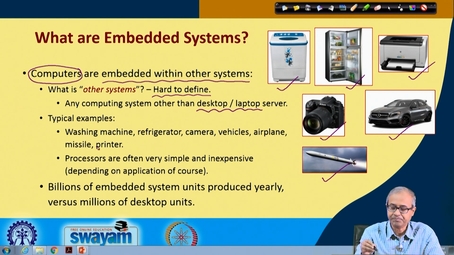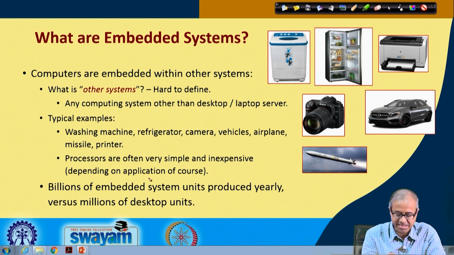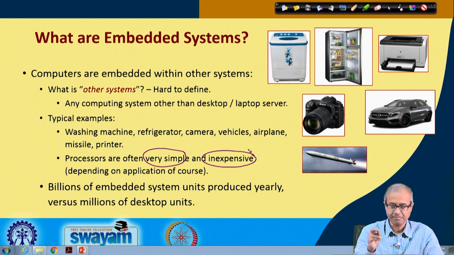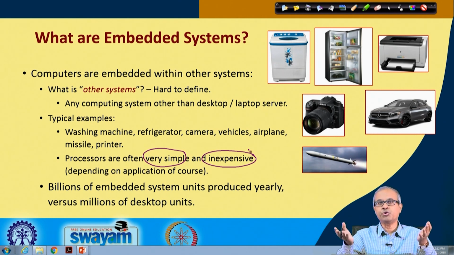And again, as I said, depending on the application, the processor can be very simple and inexpensive, because there are many devices. Let me take an example again. Suppose you have gone to the market to buy a microwave oven. Microwave ovens are available for prices starting from rupees 3000 and more, so they are pretty cheap in comparison.